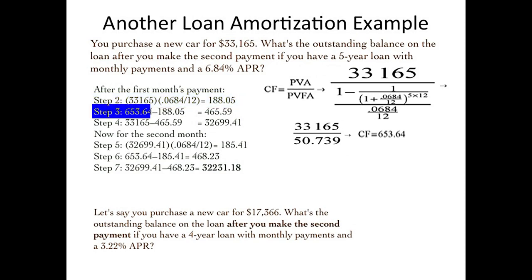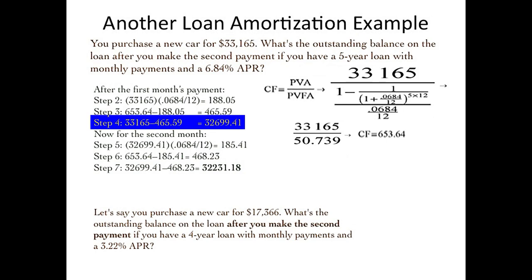And then you subtract the interest out of the total payment, and you're left with $465.59, which is the payment towards your principal amount. So therefore, in step 4, you can see that you're subtracting out that amount from the loan amount. Then, after the first payment, the principal outstanding is $32,699.41.